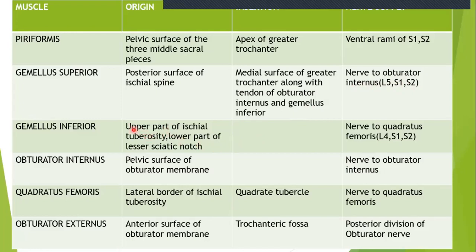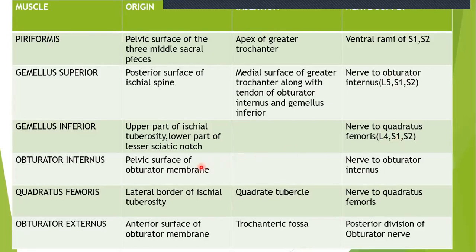So then gemellus inferior originates from the upper part of ischial tuberosity and from the lower part of the lesser sciatic notch, innervated by the nerve to quadratus femoris, L4, S1, S2. These root values, if you look at them, are the same as those of superior gluteal nerve. So the nerve to obturator internus, its root values are the same as the inferior gluteal nerve, and the nerve to quadratus femoris, its root values are the same as those of superior gluteal nerve.